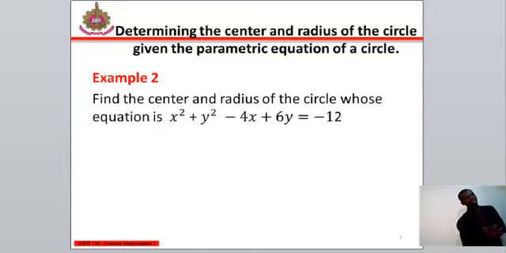In order to find the center and the radius of the circle, which equation is given in the slide, you have to compare this equation with the general equation of a circle, and we are going to do that now.